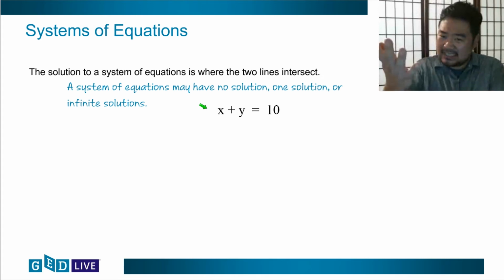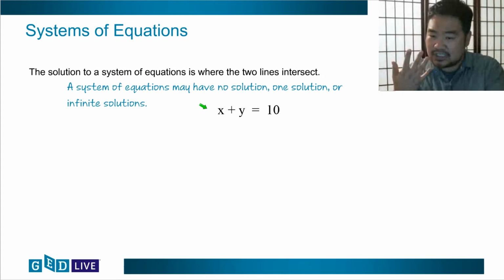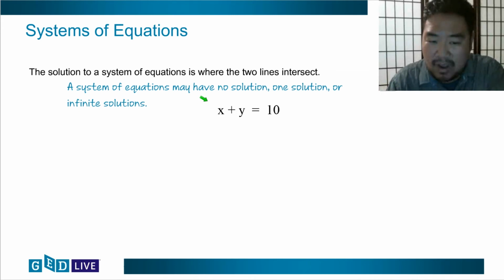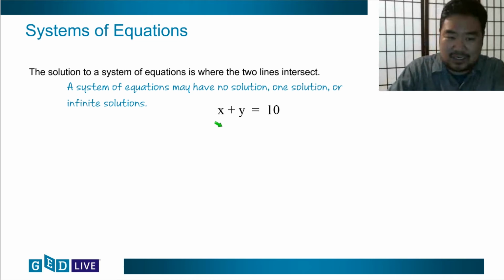What x is actually changes based on what y is, and vice versa. So here, the challenge is we don't actually have a particular solution for this equation because whatever x is depends on y. But we've got another equation to go with that.